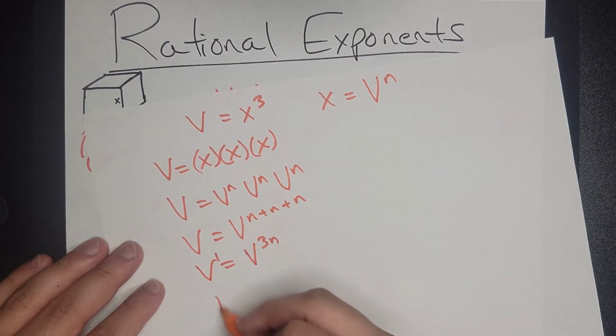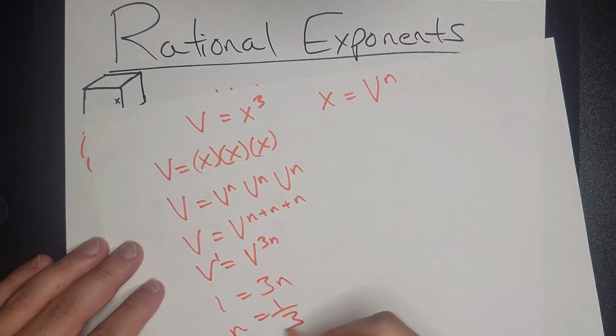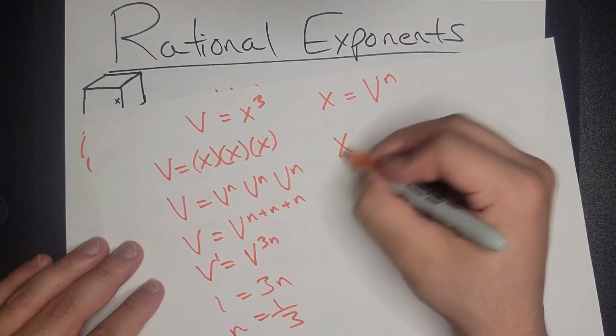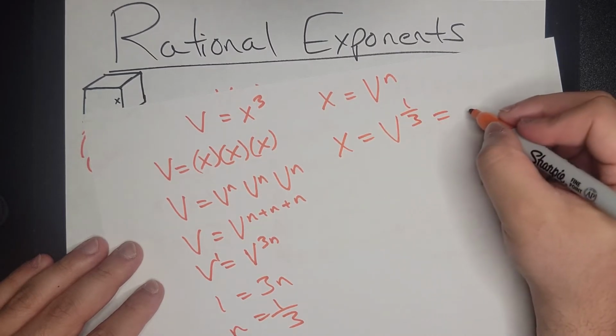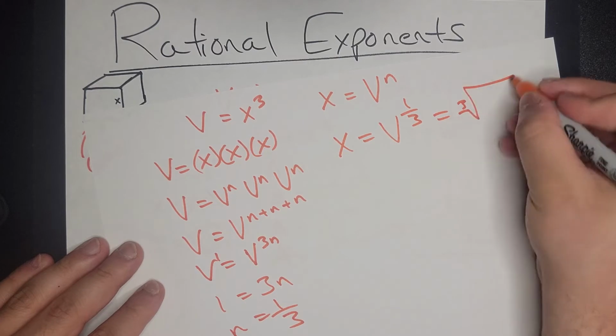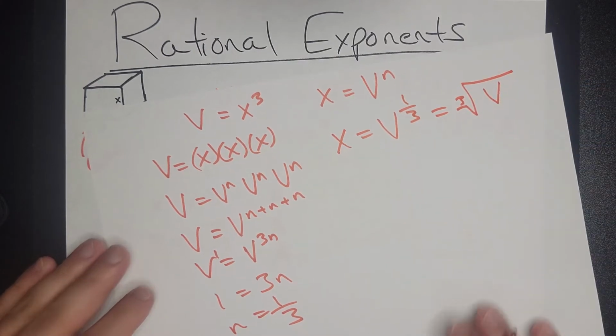And again I have 1 equals 3n, so n is equal to 1 over 3. Therefore x is equal to v to the power of 1 over 3, or the cube root of v.